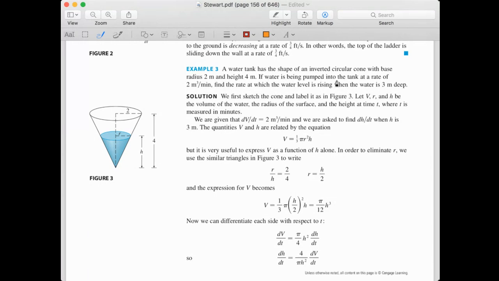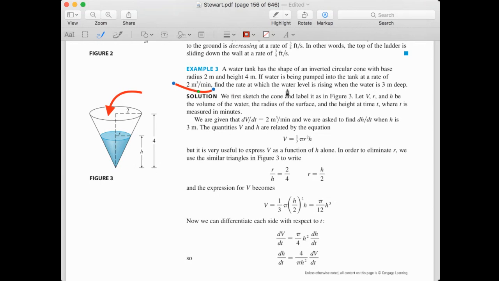If water is being pumped into the tank at a rate of 2 cubic meters per minute, now, what is this change? The volume, right? Water being pumped into it. So the volume of water in this cone is increasing. The rate is positive. So V prime of the water equals 2.